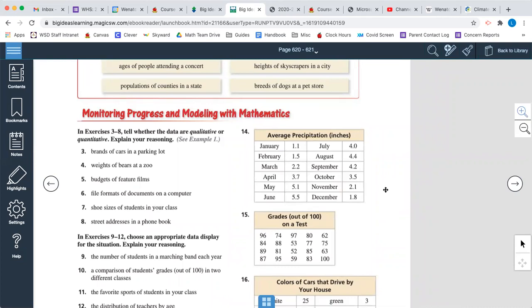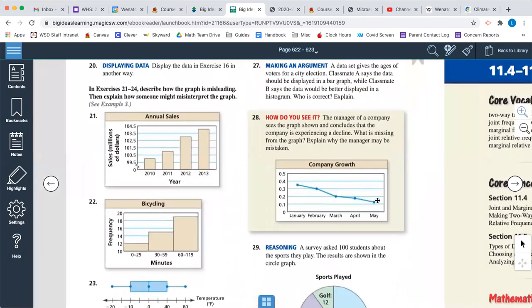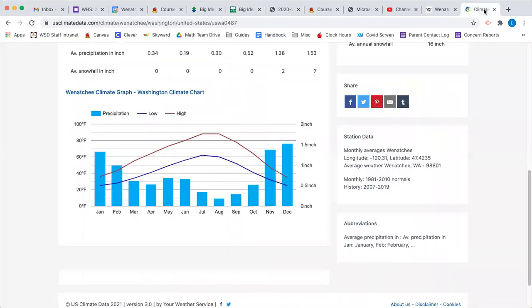So you can easily compare the months against each other and see the overall trend over the course of the year. The other option is to use a line graph. So we can see these two graphs on the next page if it wants to load for me. A line graph would look like this company growth one, and the bar graph is like the annual sales thing over here. And in fact, when I looked up climate data for Wenatchee, you can see that it actually uses both the line graph and the bar graph on the same thing.